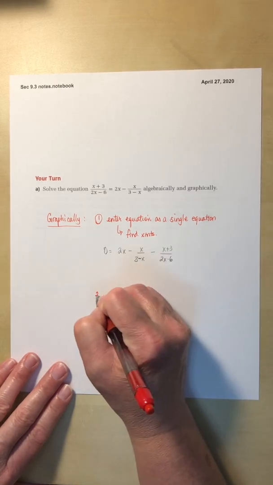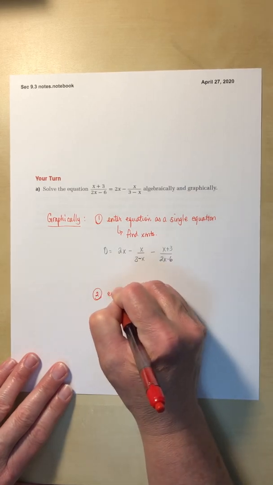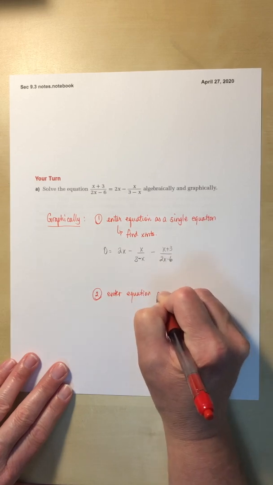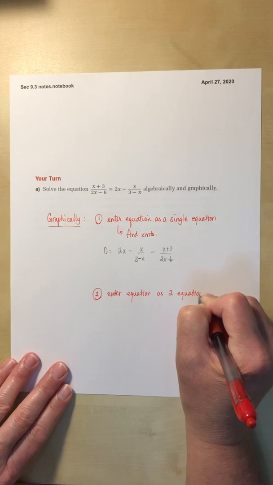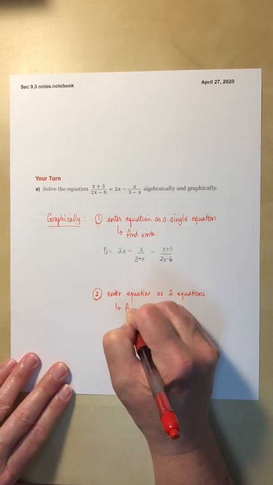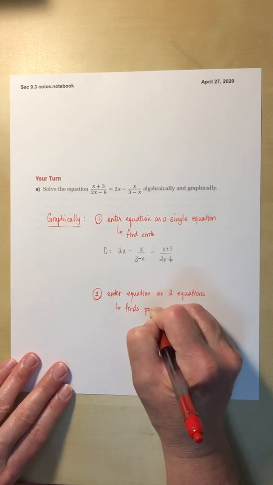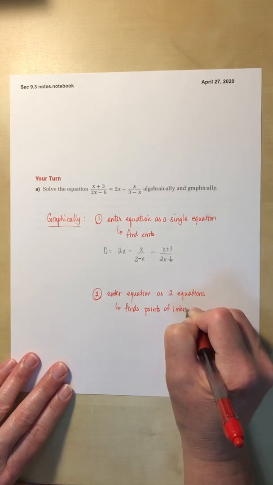The other option, and it really depends on what you prefer, you can enter the equation as two equations. And then what we are going to do is find the points of intersection.